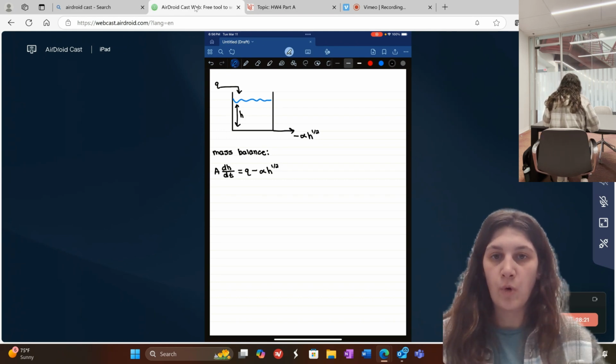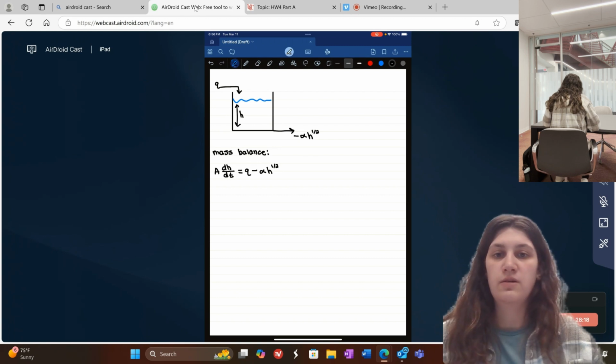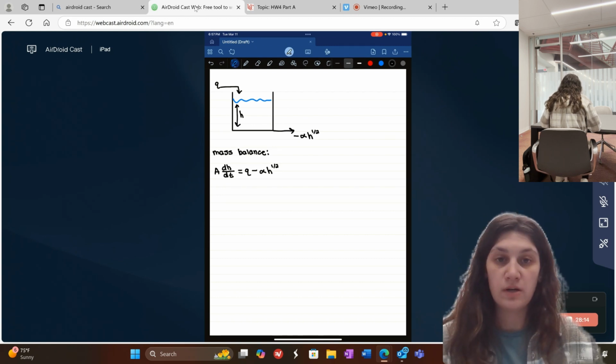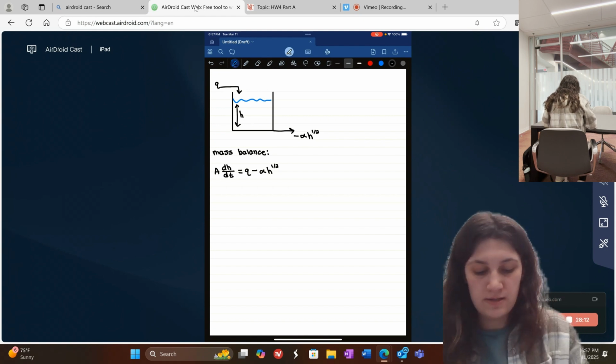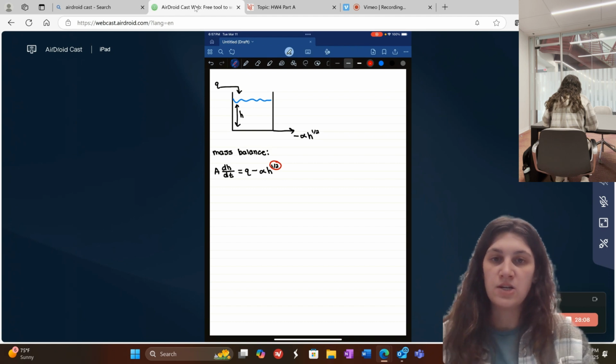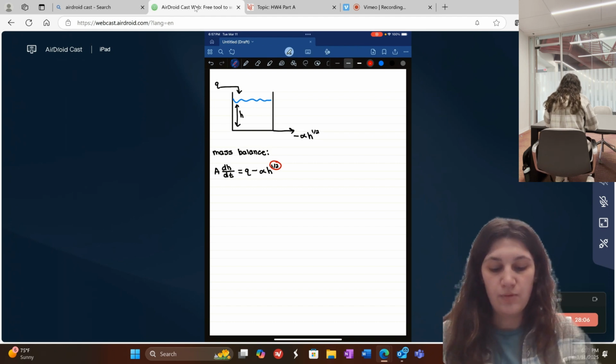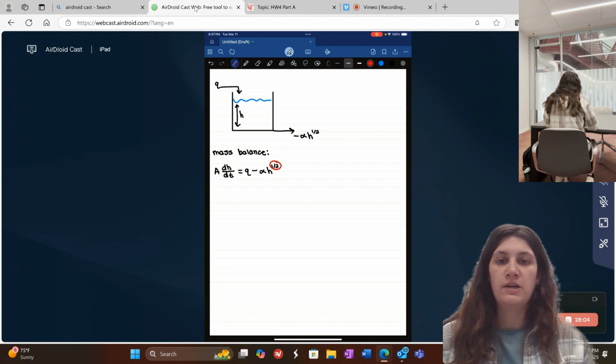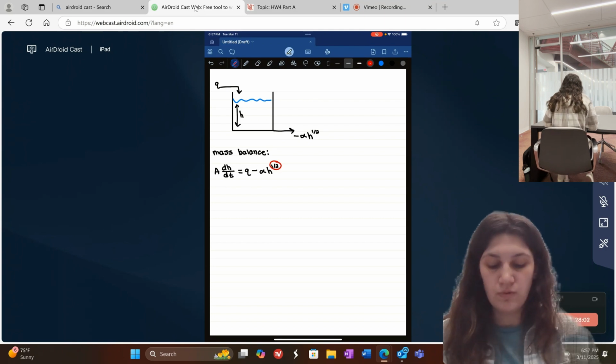Now, our goal is to go ahead and use the Laplace transform on our equation, but we can't do that yet since we have this h to the 1/2 power. We need to actually go ahead and linearize the equation before we move on.